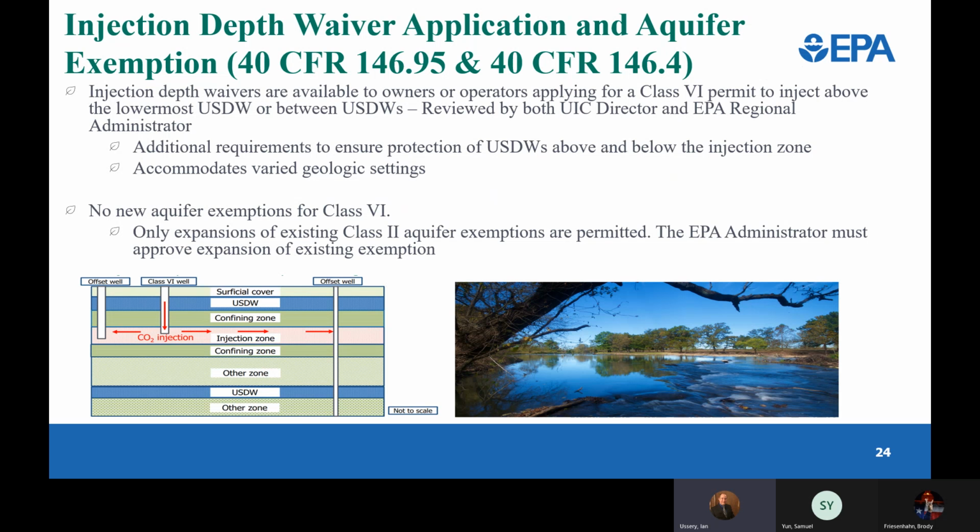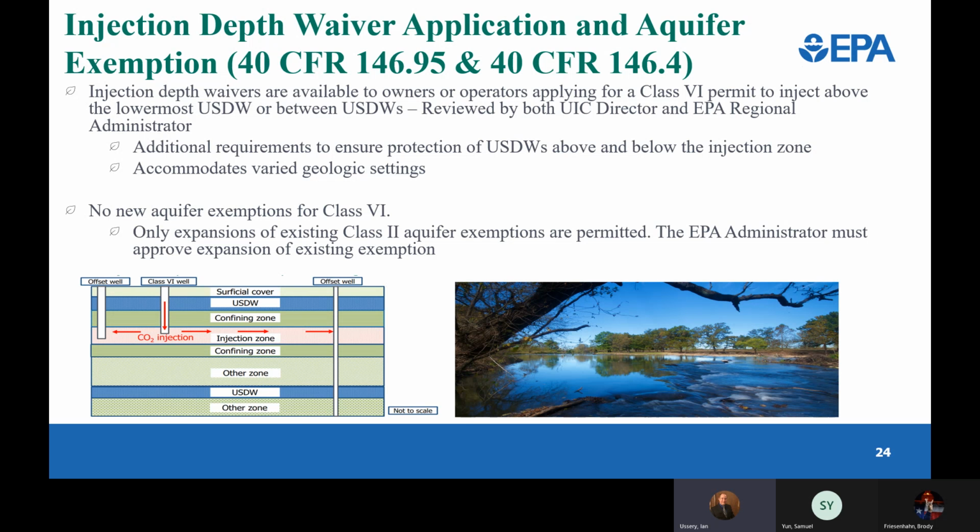The well construction, operation, and monitoring are tailored for this specific site, and above all else, the USDWs are not endangered. Now, there are no new aquifer exemptions for Class 6, except only expansions of existing Class 2 aquifer exemptions are permitted. The EPA administrator must approve expansion of existing exemptions.